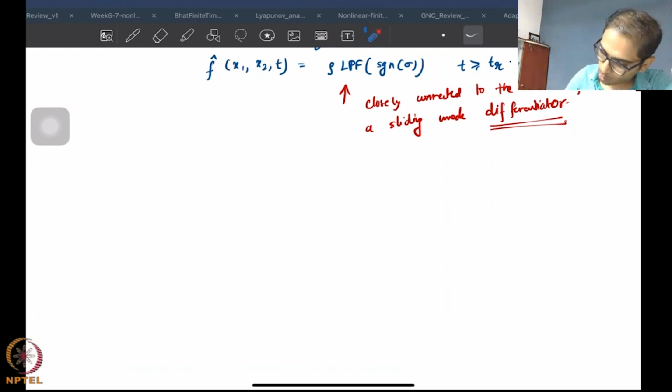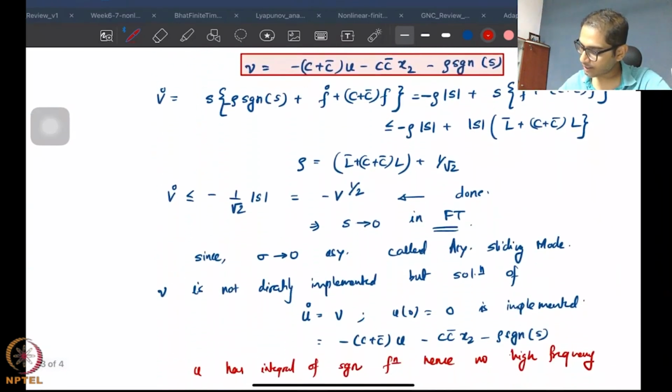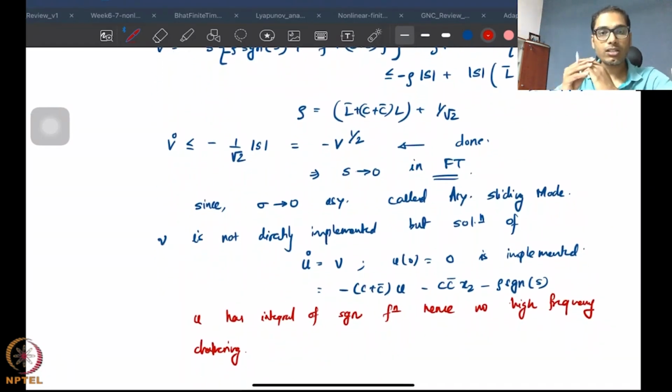Okay, so what is this super twisting control? You see that even though the chattering was less in the first level, because we use an integral control, for example, in this chattering attenuation kind of idea, still there is going to be chattering at the next level.